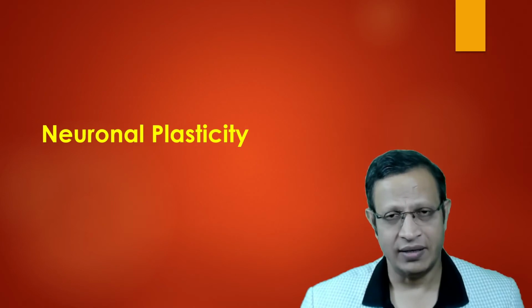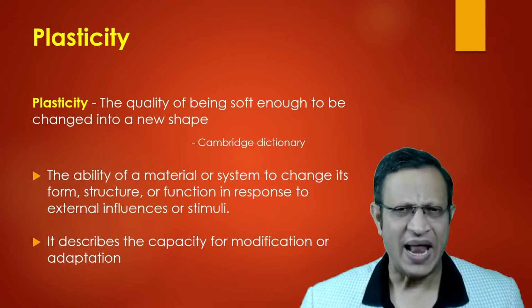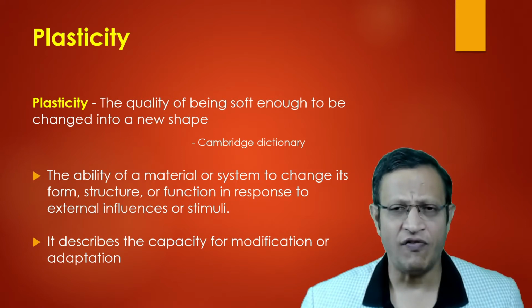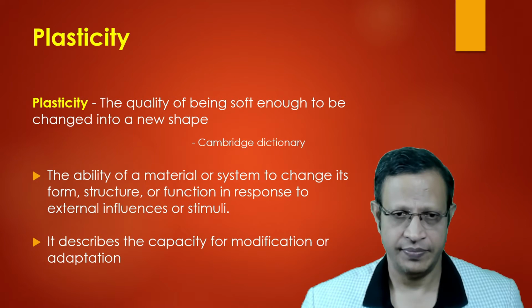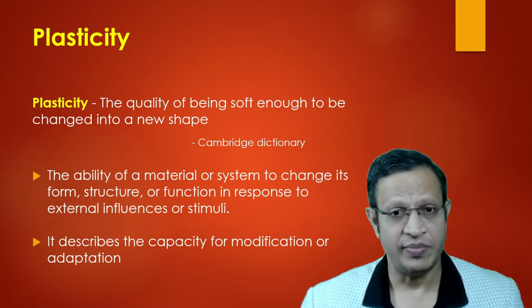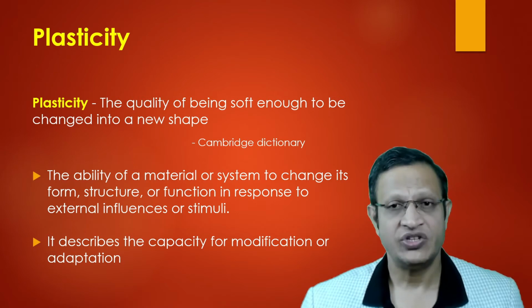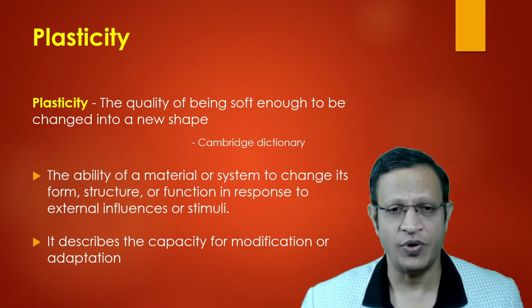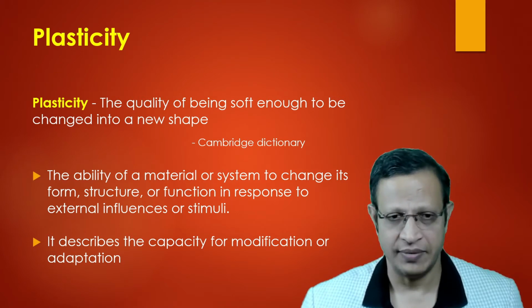Now let's understand the term neuronal plasticity. Plasticity means the quality of being soft enough to be changed into a new shape. It is the ability of a material or a system to change its form, structure, or function in response to external influences or stimuli.